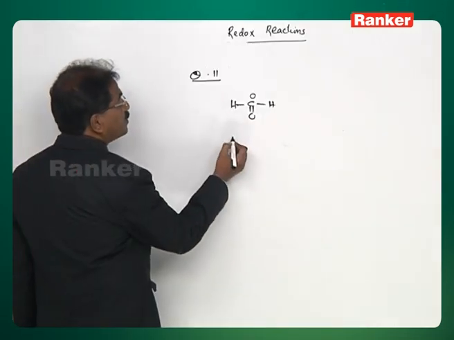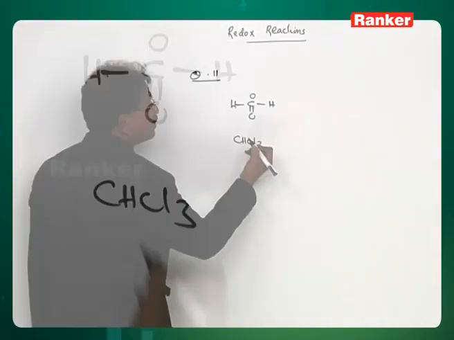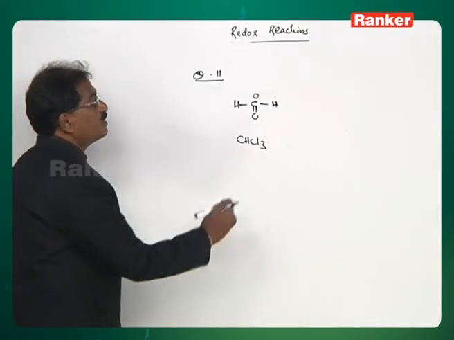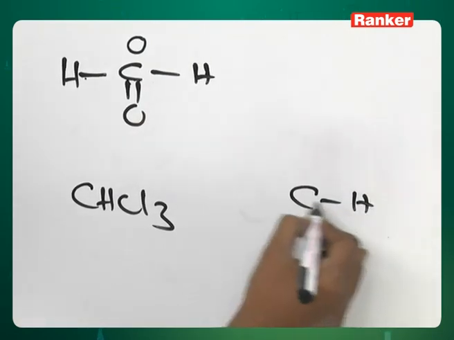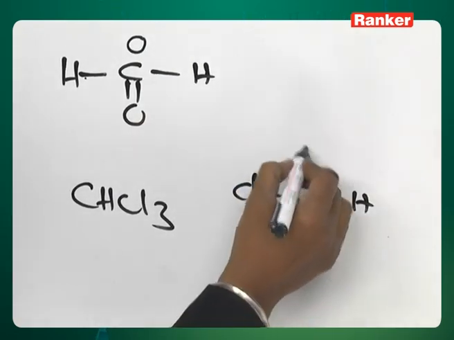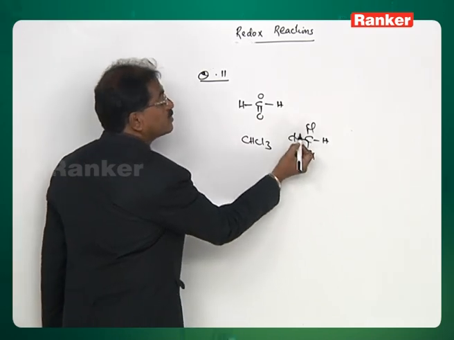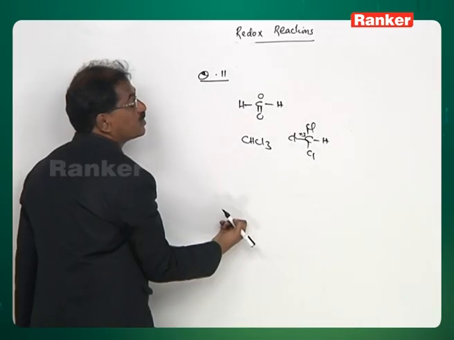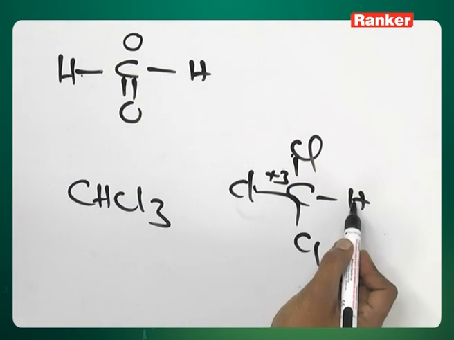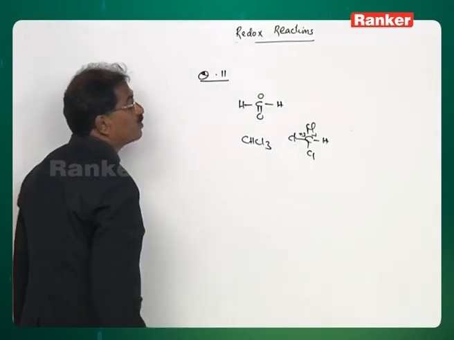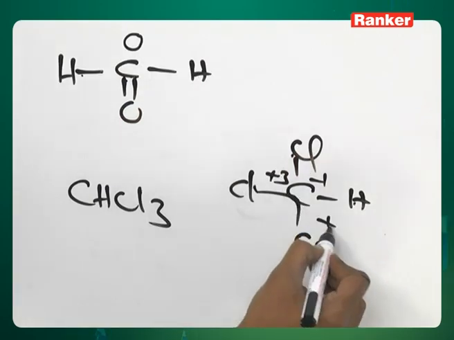Next, in the second option, they are given CHCl3. In this CHCl3, if you observe the structure, due to these 3 bonds, carbon loses 3 electrons, hence it gets +3 oxidation state. Due to this hydrogen, it will gain 1 electron. Therefore, net change in the oxidation state of the carbon is +2.